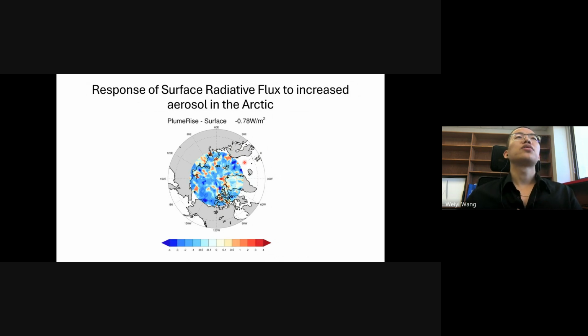At the surface, the radiative flux can decrease by 0.78 watt per meter square, which can further affect the surface energy balance and the Arctic warming.